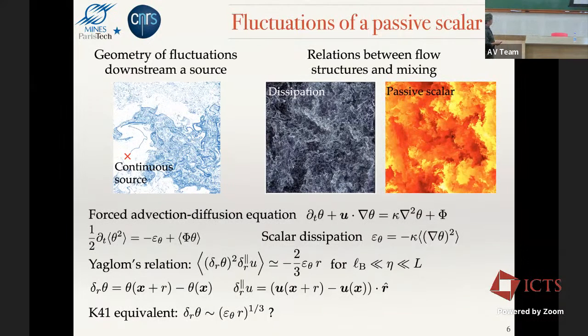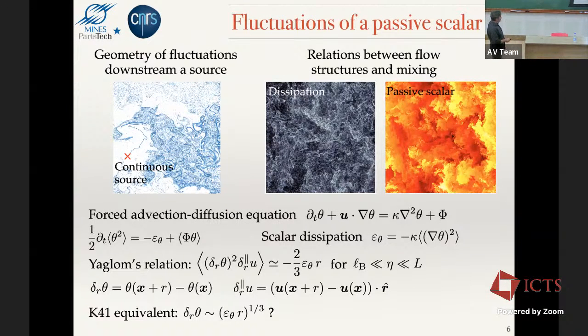What we get by doing that is what is called Yaglom's relation, assuming that you're in a steady state, homogeneous and isotropic. It's the same thing as the four-thirds law that we had for the velocity field, but this time for the advection of the scalar field.